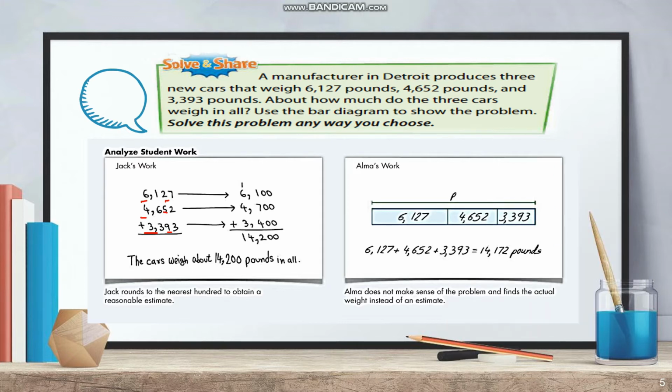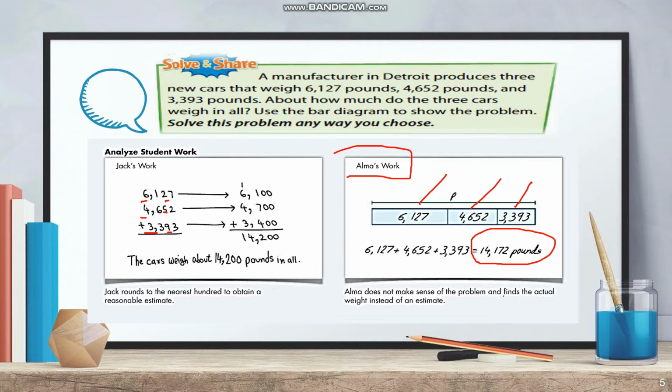Now, let's continue. How about Alma's work? We have 6,127 plus 4,652 plus 3,393. And Alma got 14,172. So as you can see, Alma does not make sense of the problem. Why?